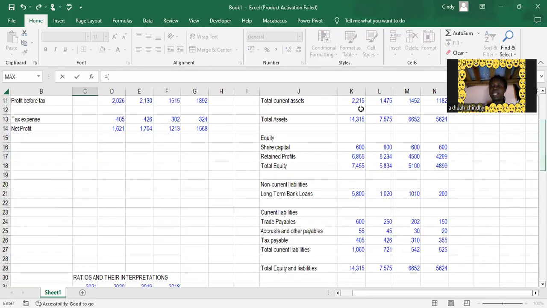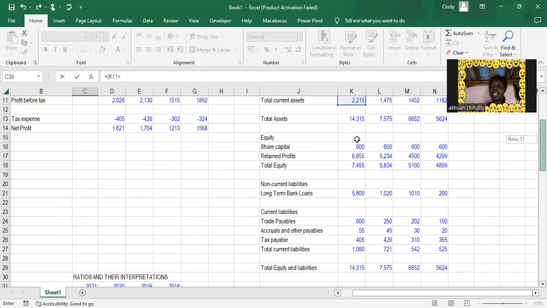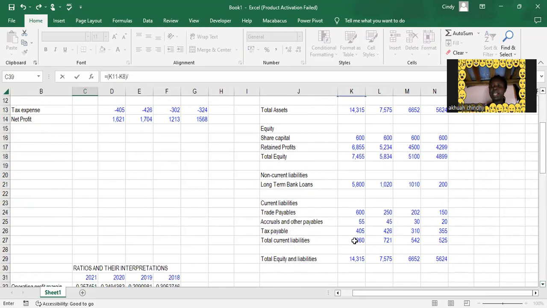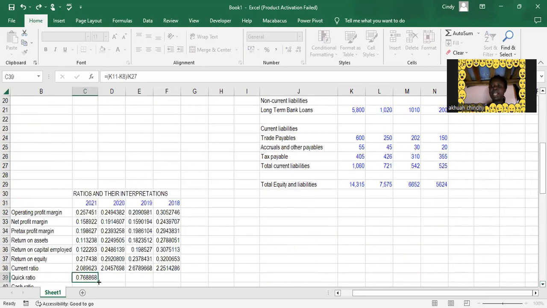Then we take our total current assets minus inventory. Then we divide by our total current liabilities, which is here. Then we press enter. We'll move it across.